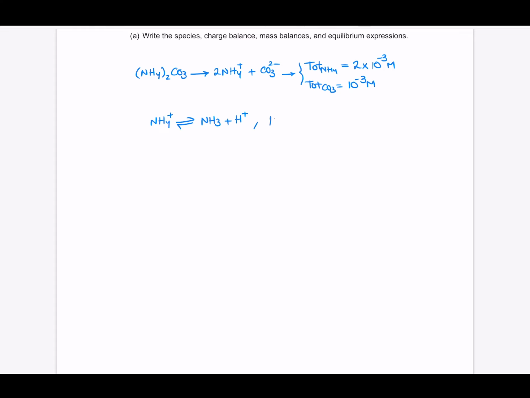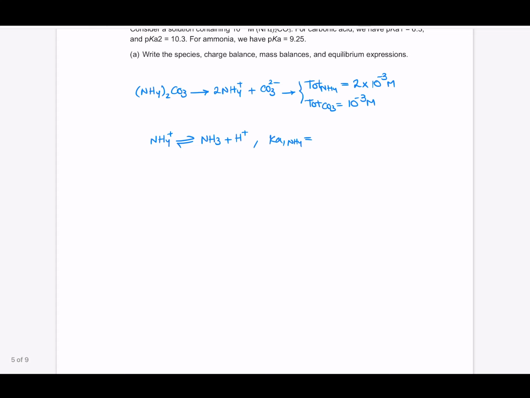This would be the Ka of ammonia, therefore NH3 times H plus divided by NH4 plus. So that's one of the equations we got.